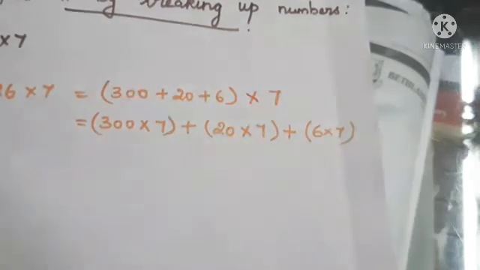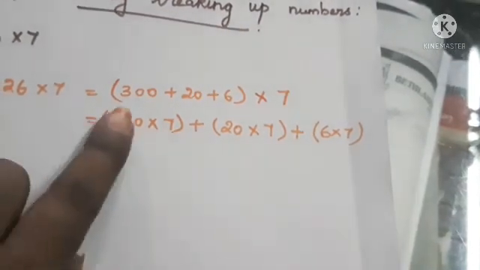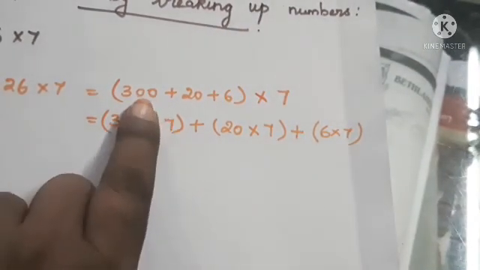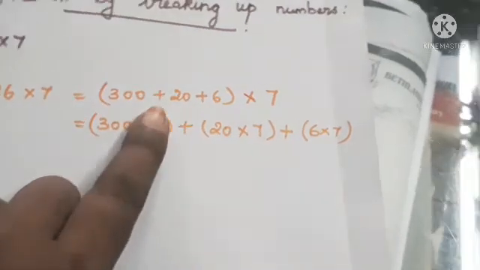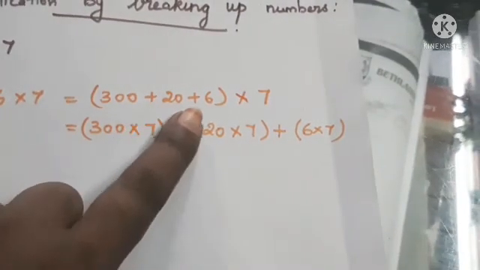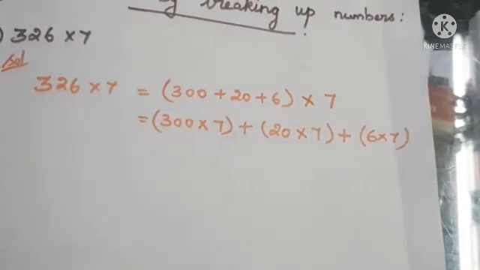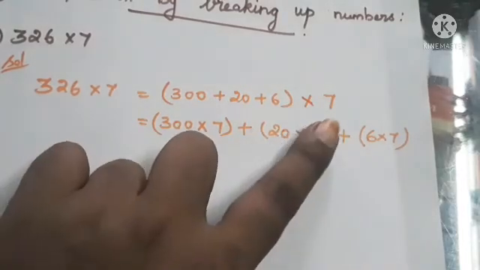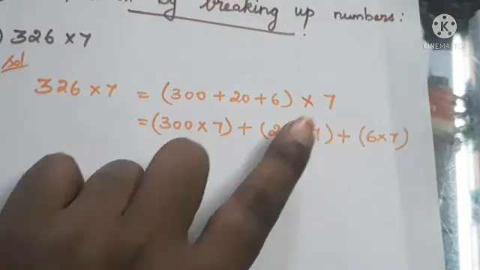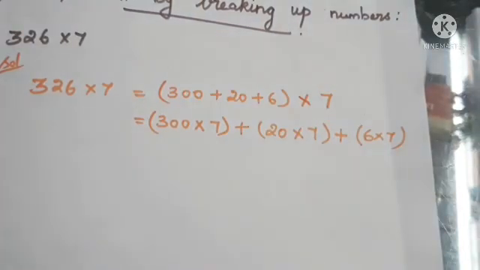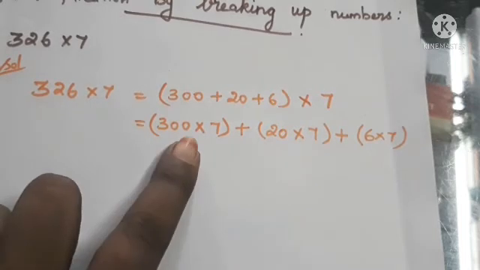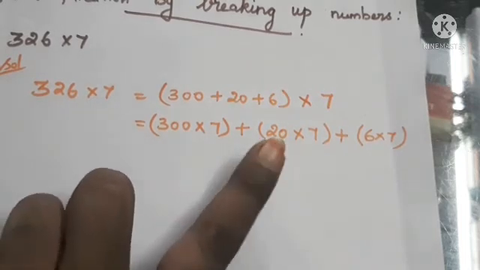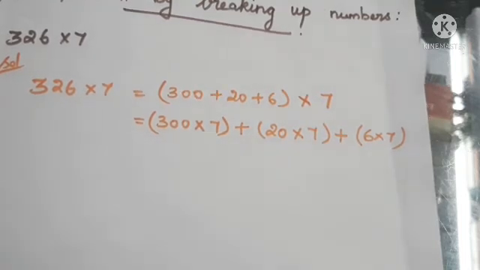So first we break the given number and put a plus symbol between the numbers. Next we put the multiplication symbol into 7. Then we multiply each number by 7. That means 300 into 7 plus 20 into 7 plus 6 into 7. Next we can multiply the numbers.